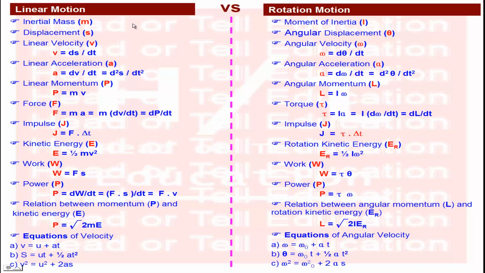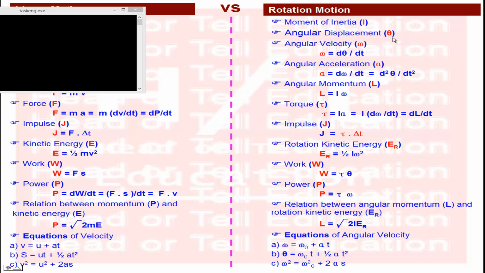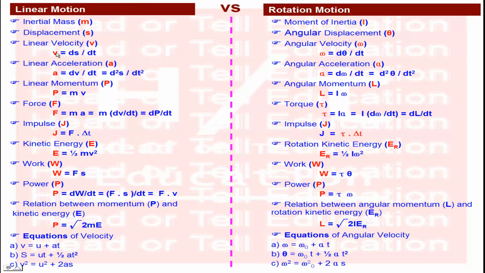Now lastly, this is the comparison between linear motion and rotational motion. On the linear motion side, inertia is mass; on the rotation side, it is moment of inertia. The displacement is s; here it is angular displacement theta. The linear velocity is v, equal to ds by dt; the angular velocity is omega equals d theta by dt.